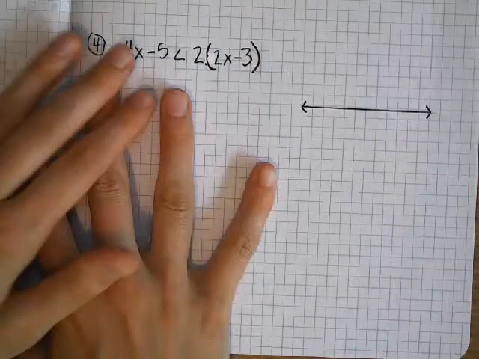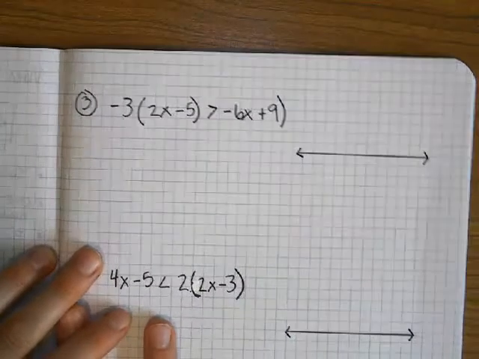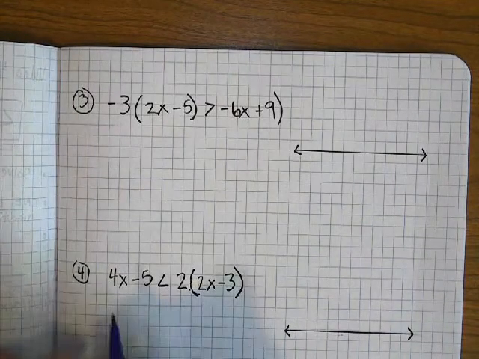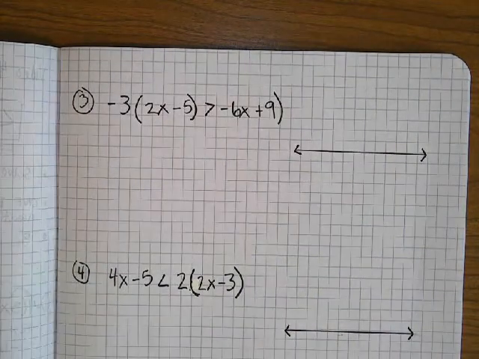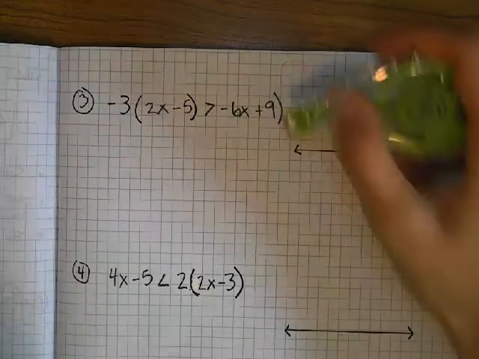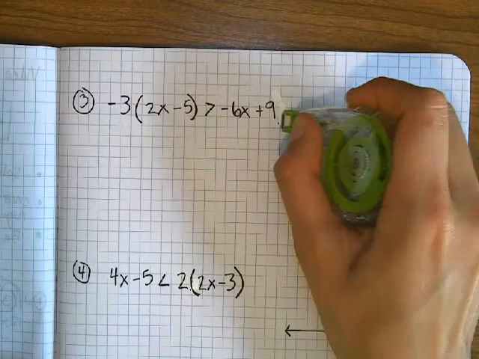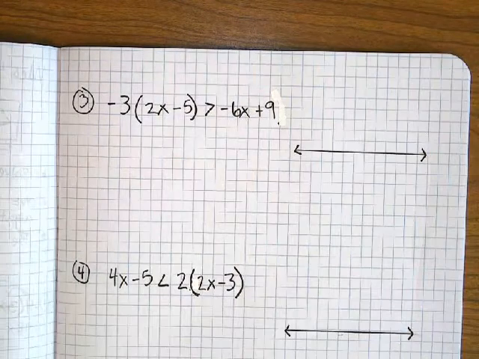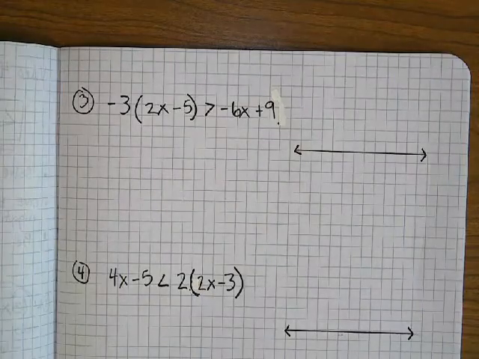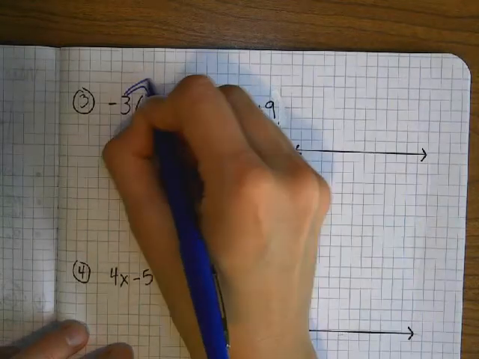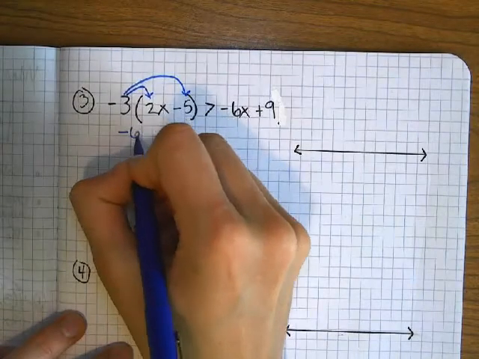Now we're going to do 2 other examples that you'll be familiar with from our last video, from video 3. Things here might look a little more familiar when we solve these. There should not be a parentheses here. So starting off, we are going to go ahead and distribute.